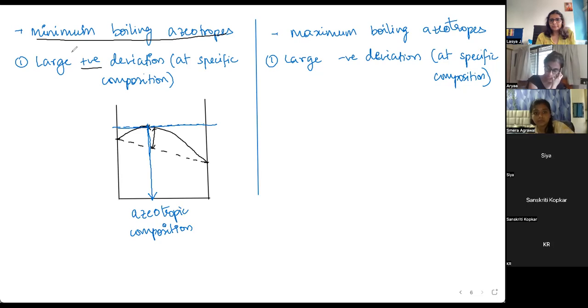So for minimum boiling azeotropes you need a large positive deviation. We said you observe minimum boiling at a specific composition. So it is this composition, the composition at which the vapor pressure is maximum. Here the boiling point is minimum.